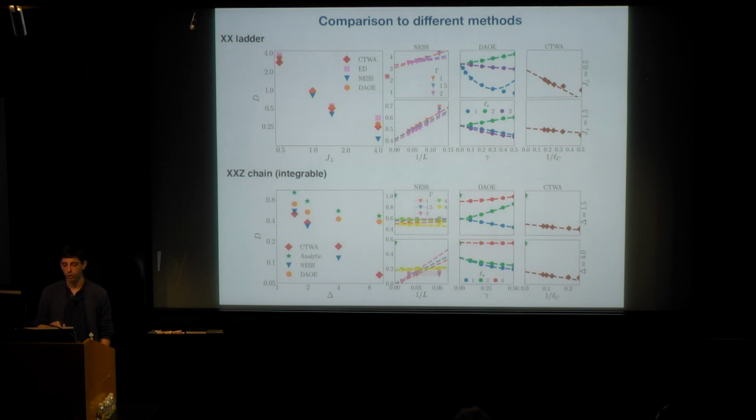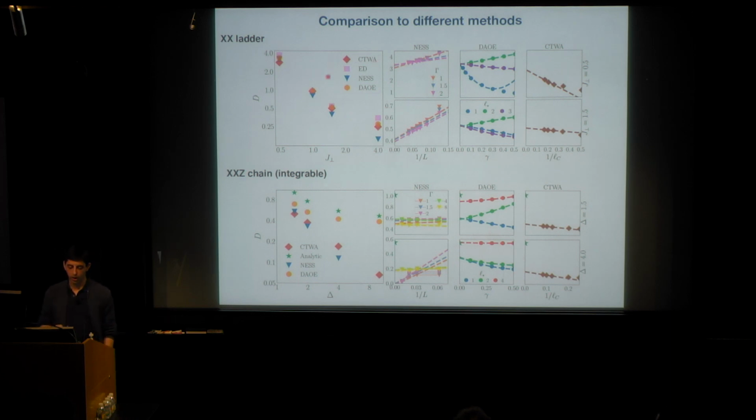One is the non-equilibrium steady-state method, where the idea is that you couple your system to baths, you get some steady state with a current flowing through, you measure that current, and you can use that to calculate transport. And there is something called the cluster truncated Wigner approximation, proposed by Anatoly Polkovnikov and his coworkers, which is a semi-classical approximation where you simulate small clusters of the system exactly and use some semi-classical approximation of the correlations between the clusters.